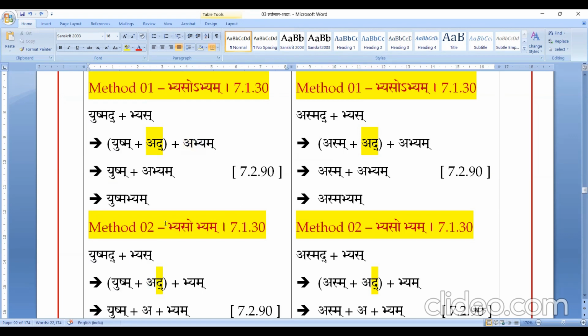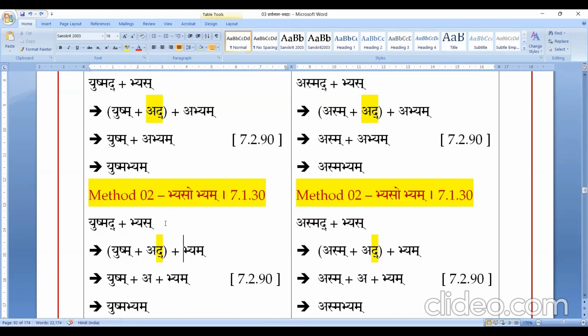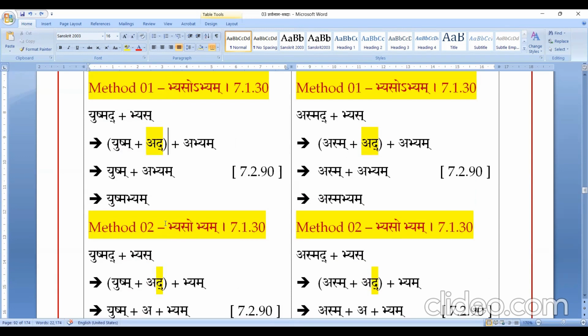Even here, if you take Abhyam, Atogune will apply and you will get the same thing. But in method 1 you will not get that; if you take Bhyam, you will end up in a problem. Ta Lopaha you do, and then if you take Bhyam, you will have a problem. Whereas in method 2, even if you take Abhyam here, A plus A will become Atogune, and you will get the same form. So for method 2, it can be Vyasaha Abhyam or Vyasaha Bhyam. Both are okay. But anyway, I have given Vyasaha Bhyam here because Vyasaha Abhyam is already done. Is it clear?